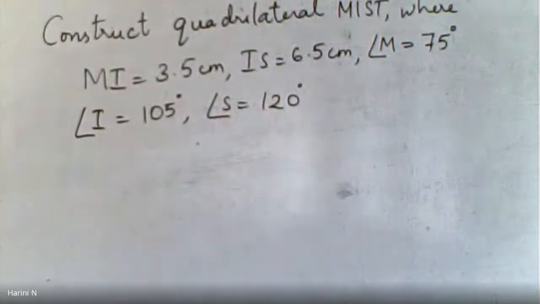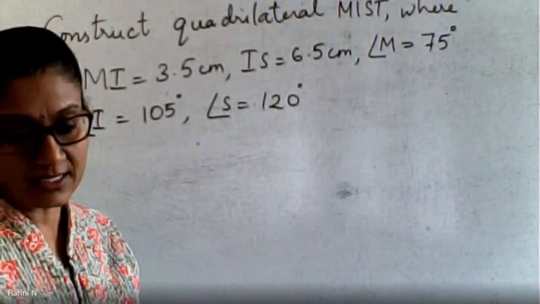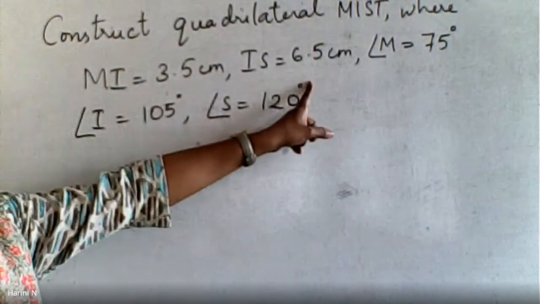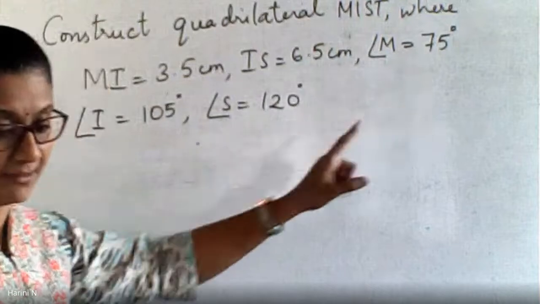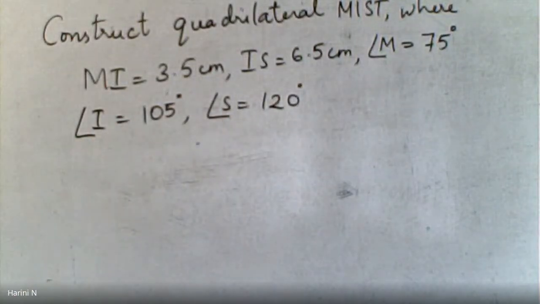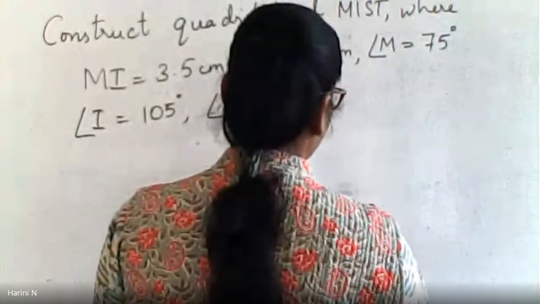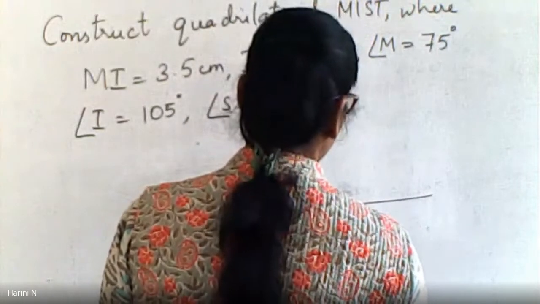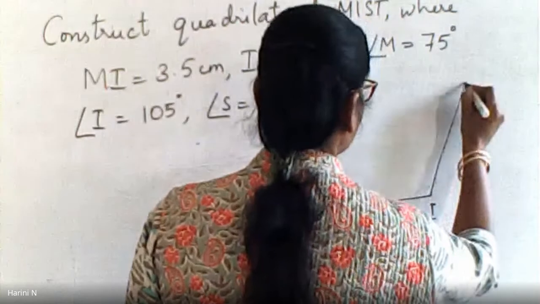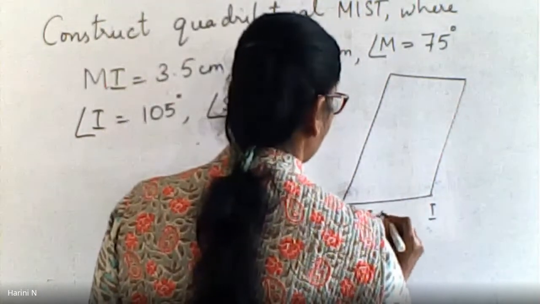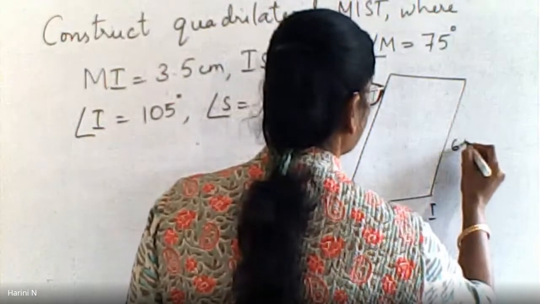So this is the question that was given to you. Construct quadrilateral MIST, where MI is 3.5, IS is 6.5, angle M is 75, angle I is 105, angle S is 120 degrees. Then you should have drawn your rough diagram. I'm sorry, I did not carry the scale with me. Use the scale to draw MIST. So this is 3.5, this is 6.5.